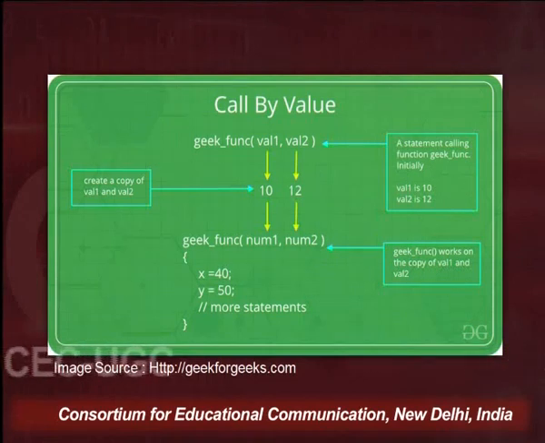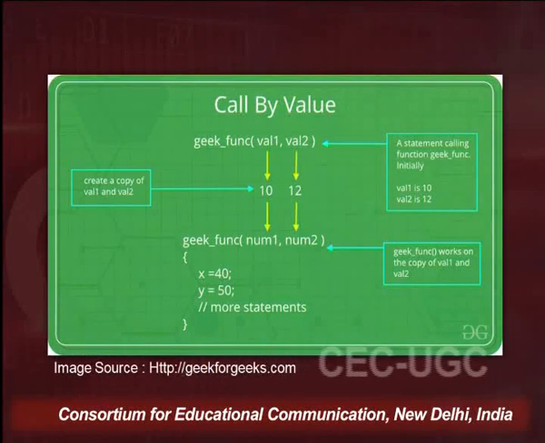Along with the control, a copy of val1 and val2, which is 10 and 12, is created. Now there are two formal parameters, num1 and num2. num1 has value 10, num2 has value 12.